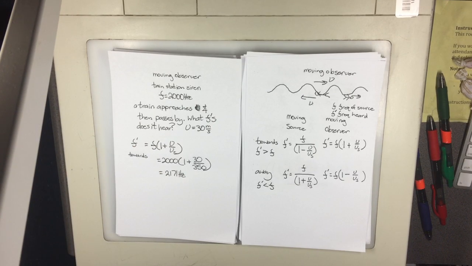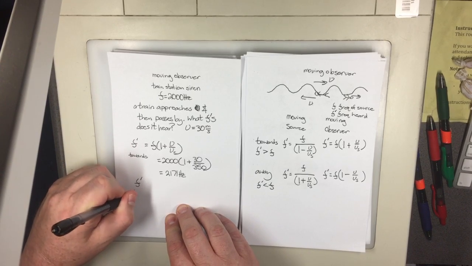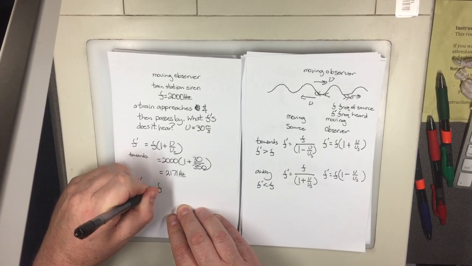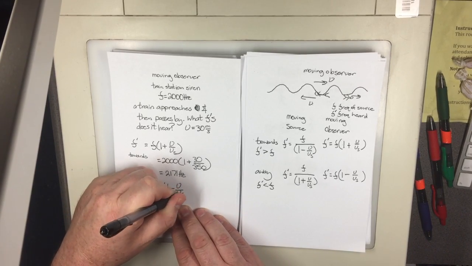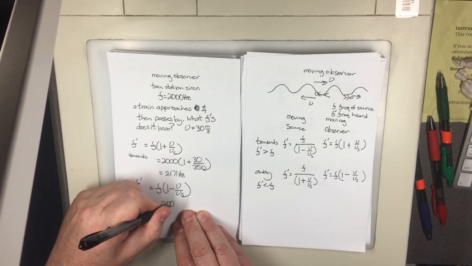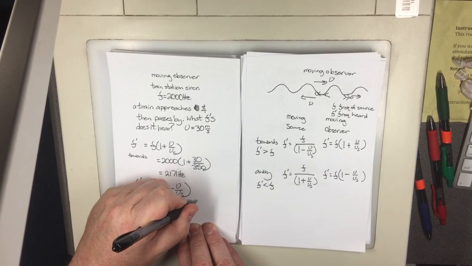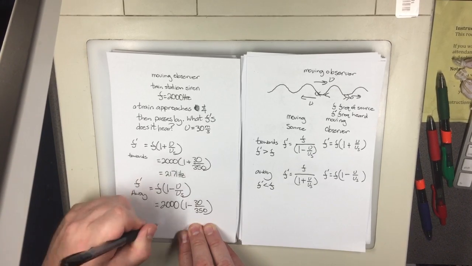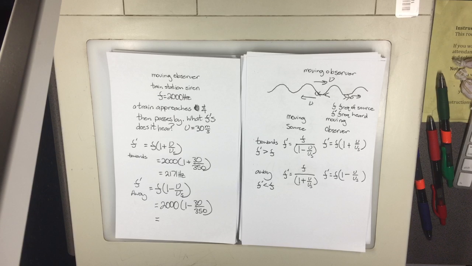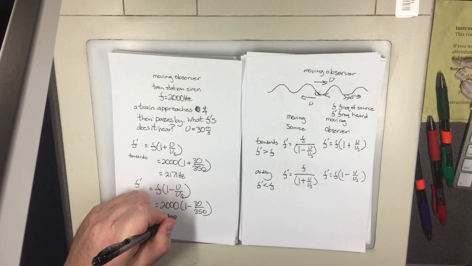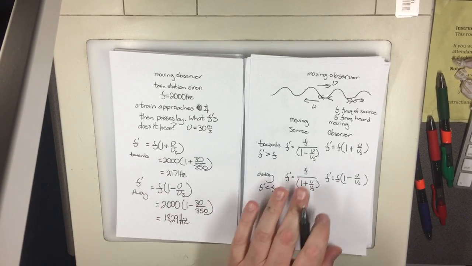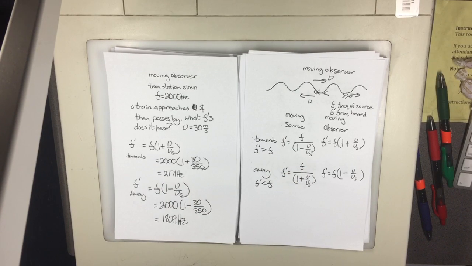So that is the first frequency. That's towards. Now the frequency away, 2,000 times (1 minus 30 over 350). And I get 1829 hertz.